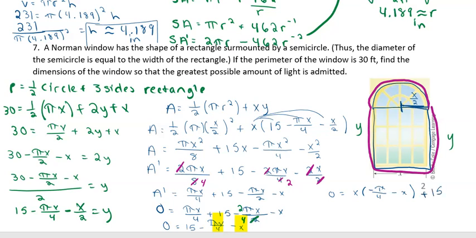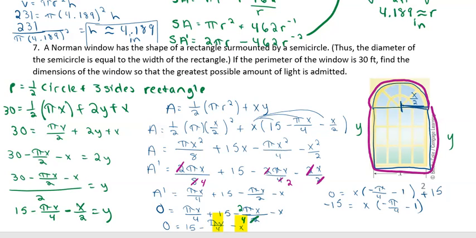Now our goal is to solve for this x. So if we subtract our 15 over, we'll be left with x times negative pi over 4 minus, whoops, look at that. I factored out an x and I wrote the wrong thing. So from right here, we're pulling out an x, so it should be minus 1. See right here, it was minus x. We pulled out an x, so minus 1.